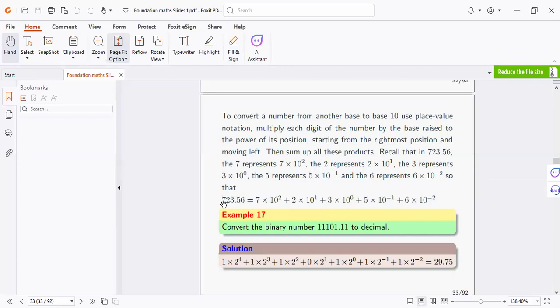So for instance, I have 723. The base is 10, 7 is hundreds. Then 2 is tens. 3 is ones. Then this one, the power is 0.